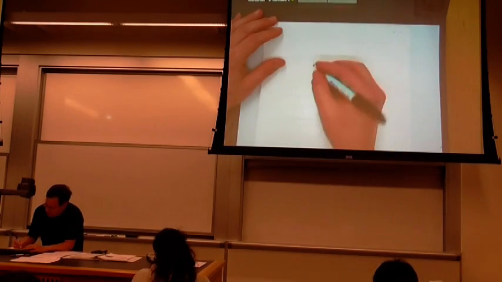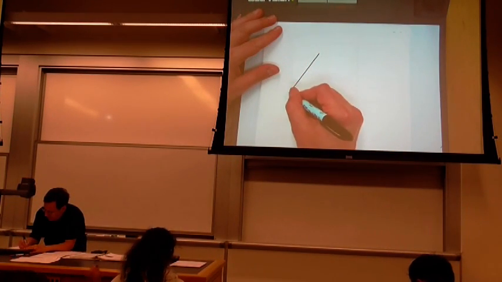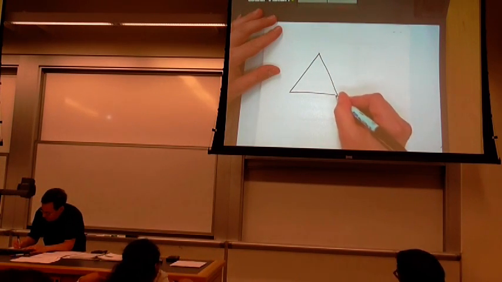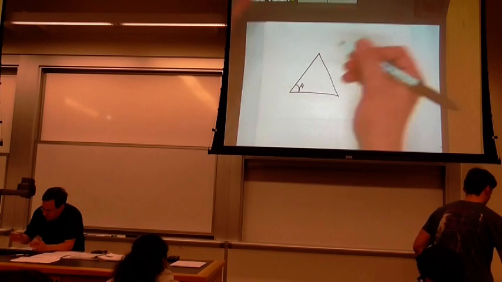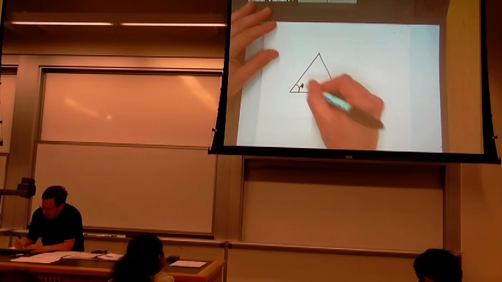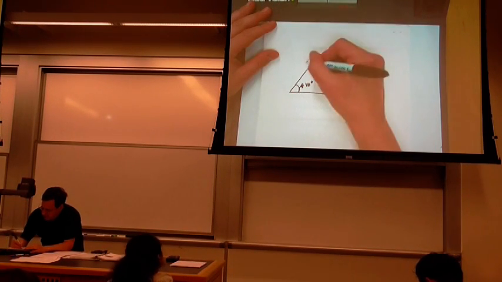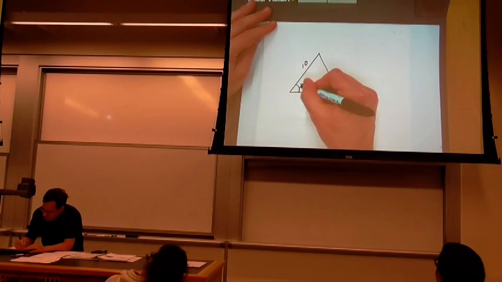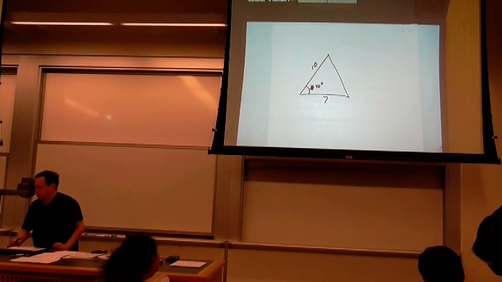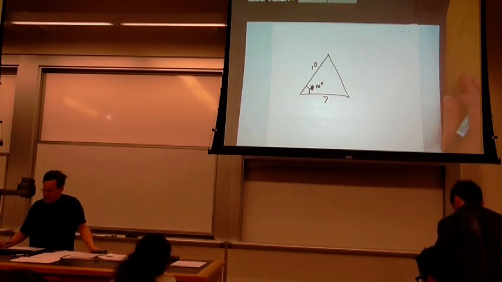I want you to think for a second. If I have an angle, and I'll just make up some numbers here, let's say 40 degrees, and this is 10, and this is 7. What can we do with this?